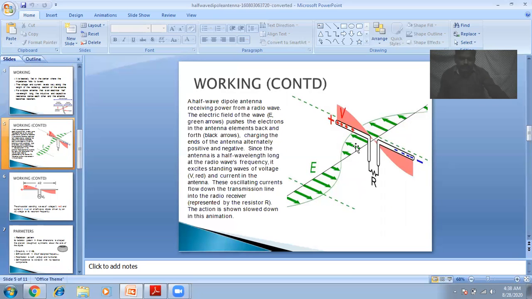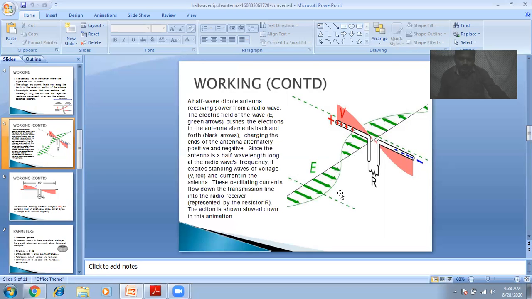Here you notice that if you see the current distribution, the arrows are in this direction. But in this half cycle, the arrows are in the opposite direction. That means the charges are moved back and forth.